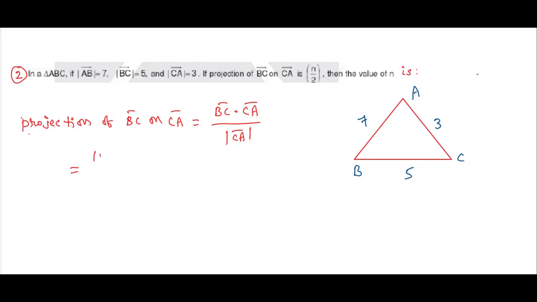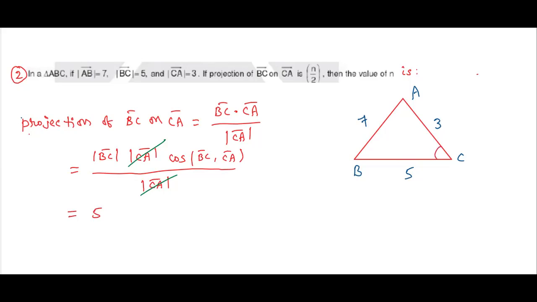That means mod BC mod CA cos of the angle between BC comma CA, divided by modulus CA. Okay, now these two cancel. Modulus BC, how much? BC length, that is 5. Now the angle between BC and CA, this angle.